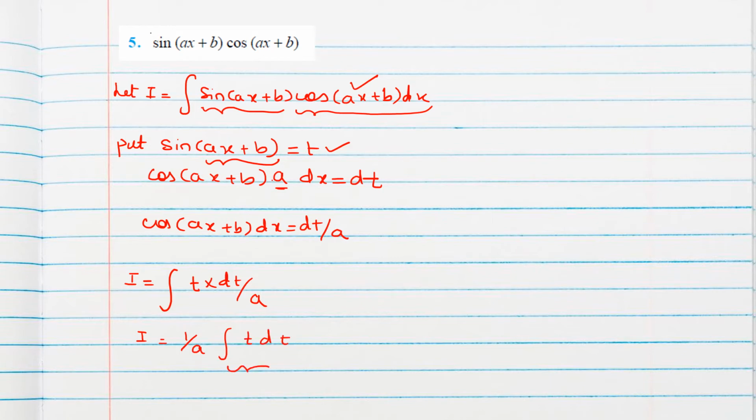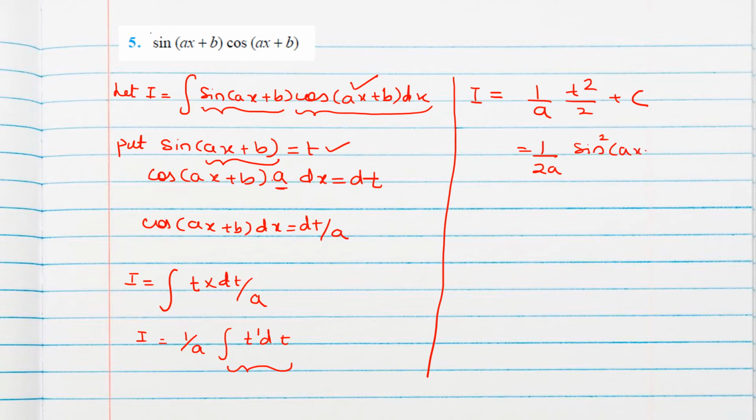And for this particular integral we can apply the power formula, t square by 2. 1 by a, the power is 1. So add 1 to the power, divide by the new power. So t square by 2 plus c. So 1 by 2a, and then resubstitute the value. So sine square of ax plus b plus c.